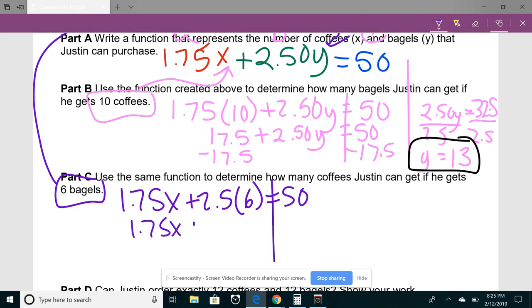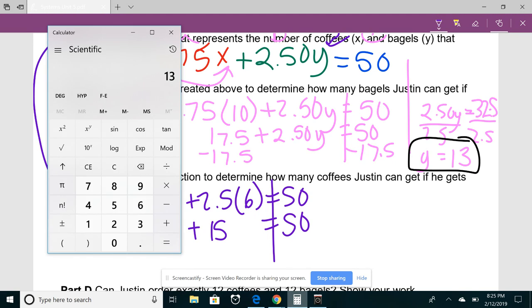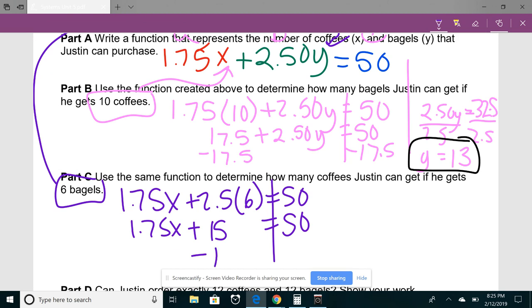$1.75x plus 15 equals 50. Right, 2.5 times 6 is 15. Then I'm going to minus 15 from both sides. And I get 1.75x equals 35.